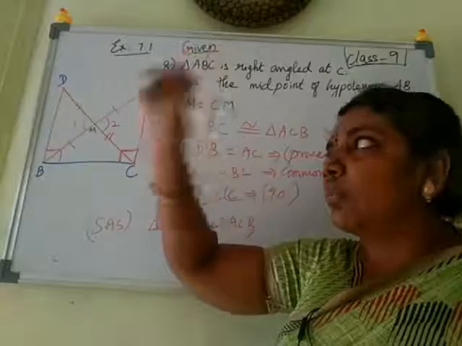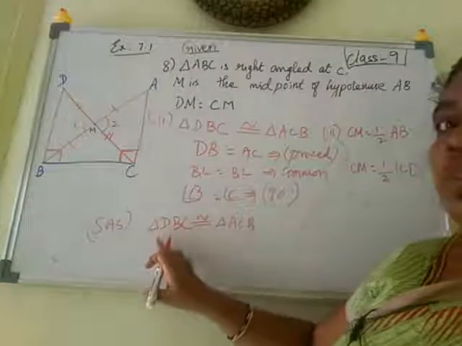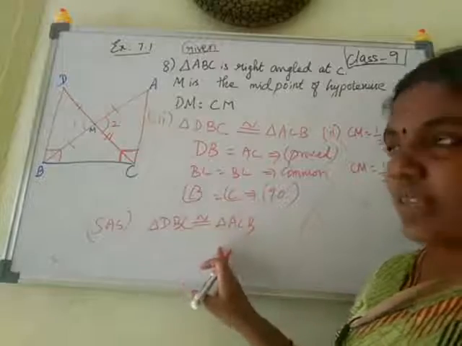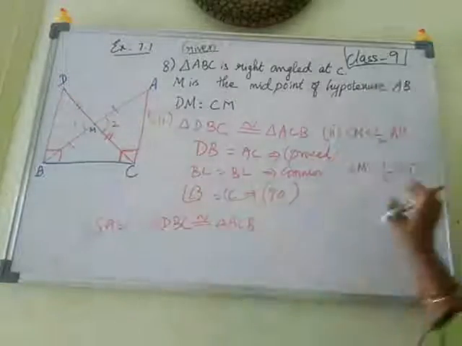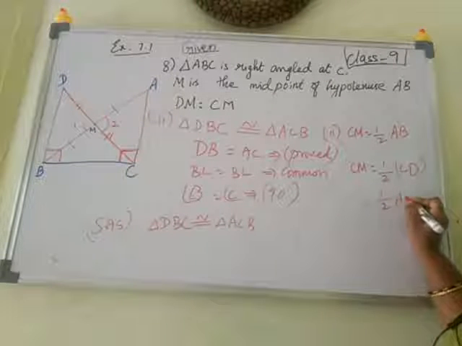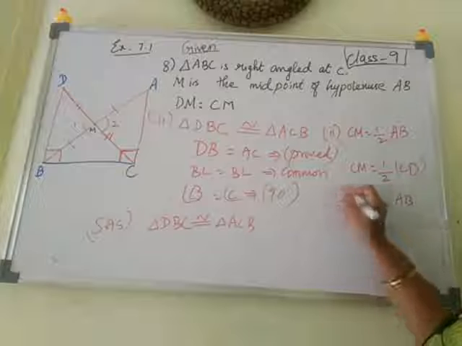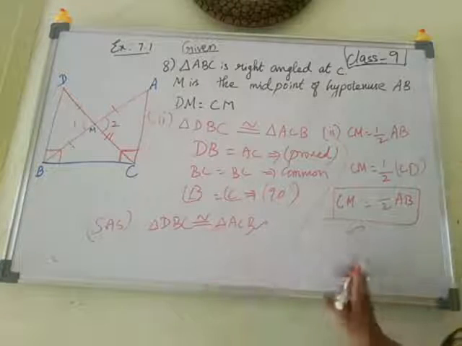In the first statement we proved those two triangles are congruent, and in the third statement we proved DBC is congruent to ACB. From this we can say CD is equal to AB. So substituting AB for CD, that is half of AB. So CM is equal to half of AB. So both the third as well as the fourth statement are proved.